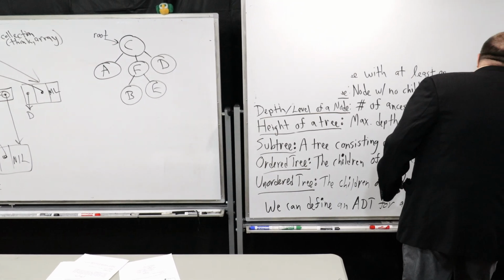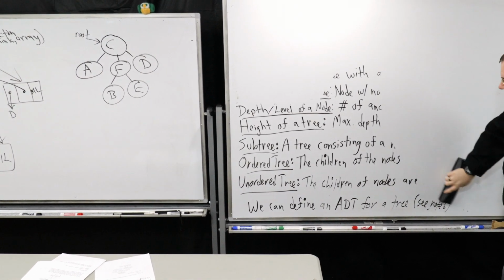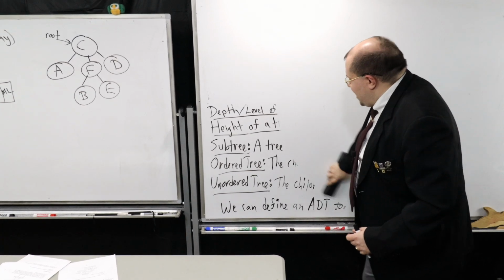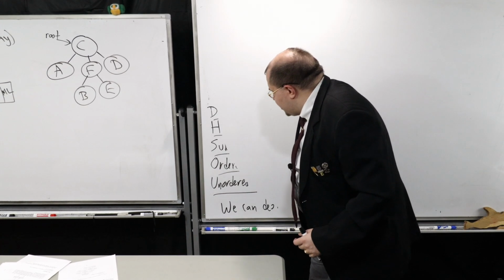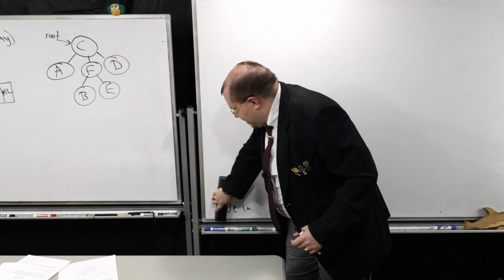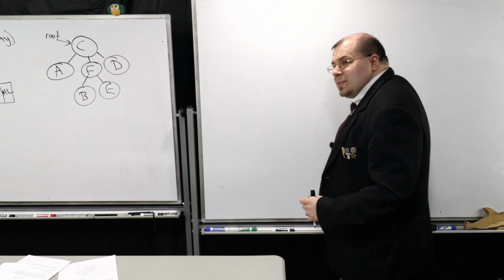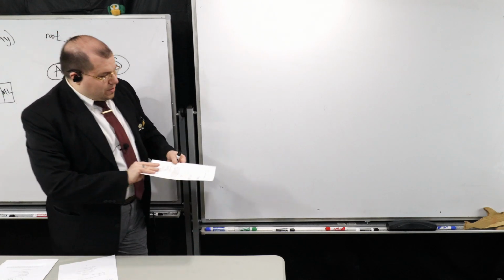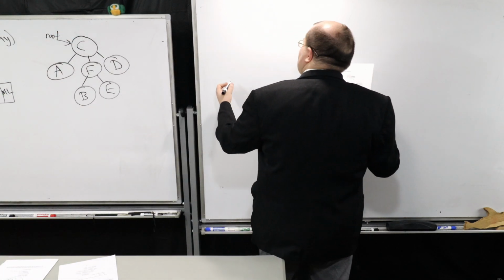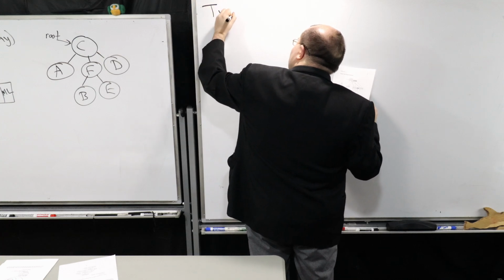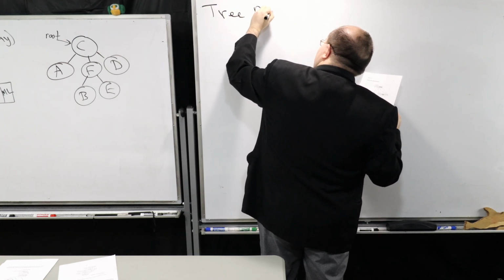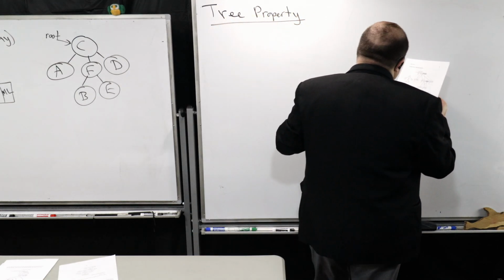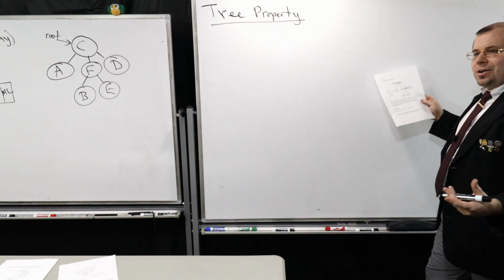Because trees, like I said, they're very nice in the sense that they model all sorts of stuff. And they're also rather effective as data structures for all sorts of ADTs, like dictionaries. So the first thing I wanted to talk about is a property of trees that I want you to be aware of. So I'm going to give you an interesting theorem.